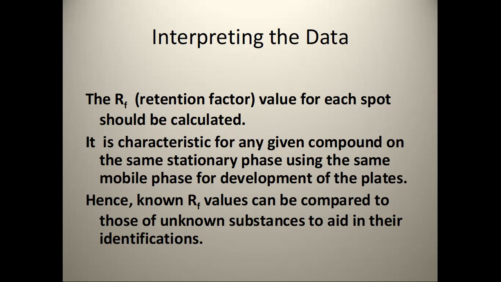Okay? Okay, so it's not that accurate compared to other methods kung paper chromatography lang gamitin mo. Pero it's one way to find out. So it's a possible way to identify a known substance.